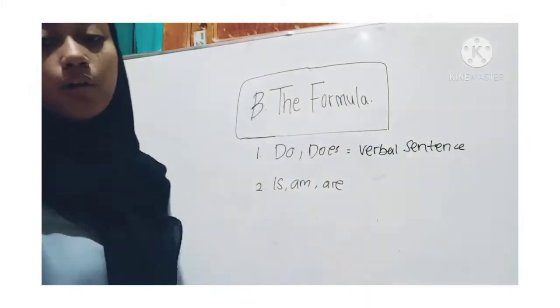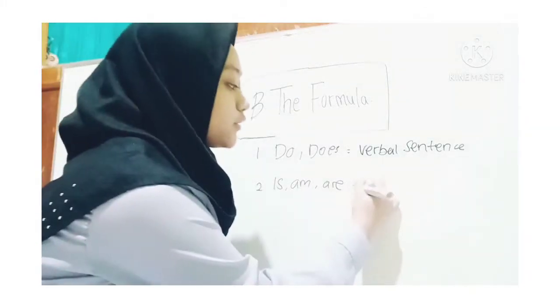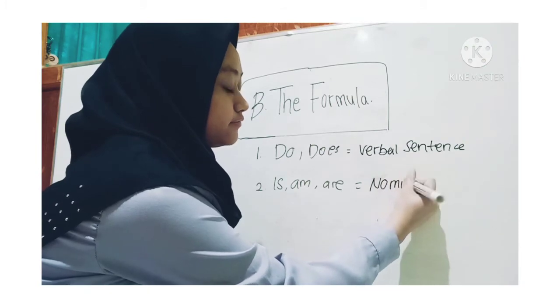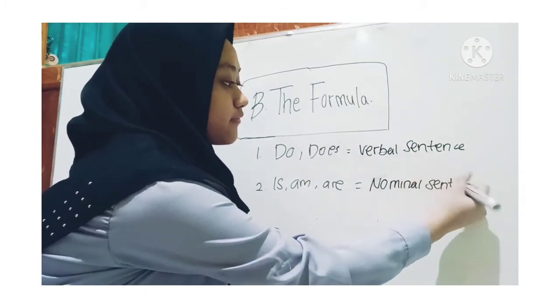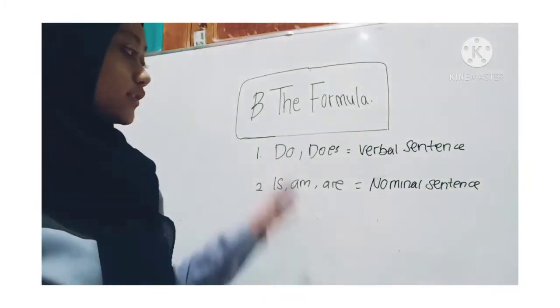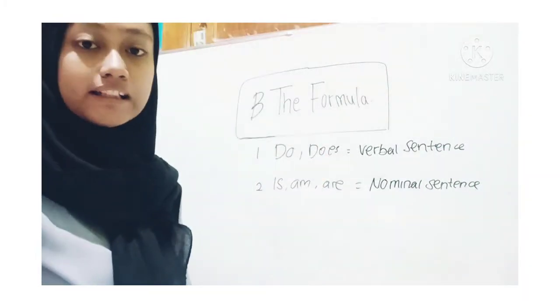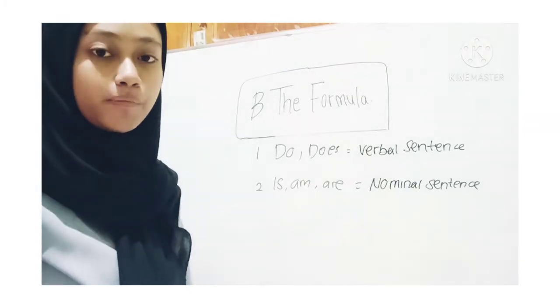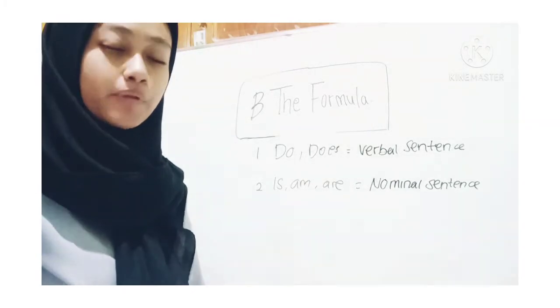And is, am, are, or we call it to be, is for nominal sentences. To know more about how to use do and does or is, am, are in the sentence, there are three ways of formula to create a sentence in simple present tense.